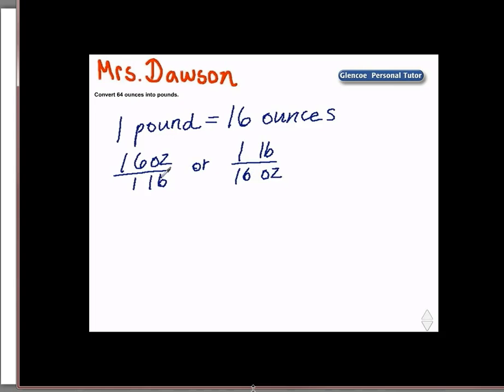We'll need to decide which one of these unit ratios to use to convert 64 ounces into pounds. 64 ounces is our original amount, and we'd like our answer to be in pounds.